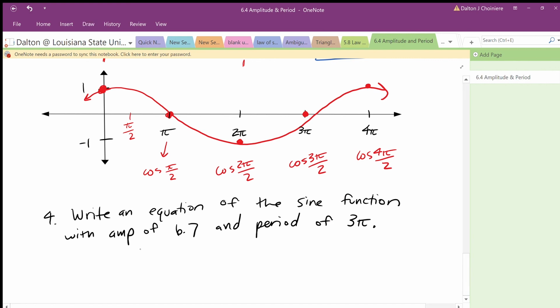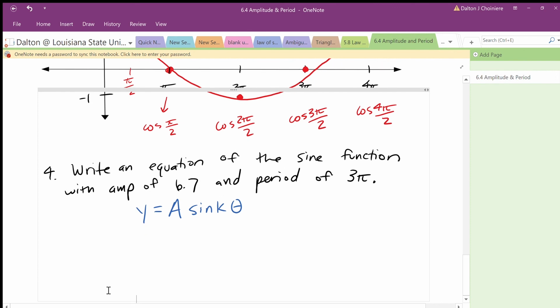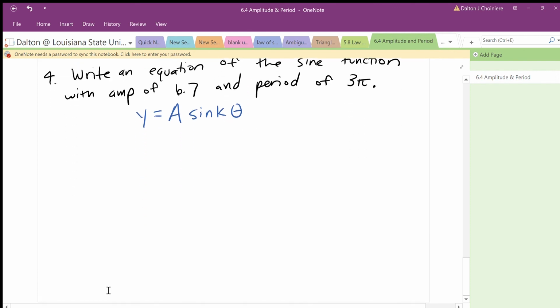So the equation has a template, I'll say, or a general form of y is equal to a times the sine of k theta. If we put together what we just learned about amplitude and period, this is what that equation would look like. Okay, so 2 things to note.